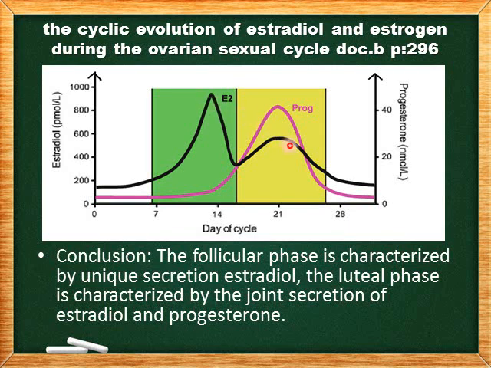Both concentrations decrease at the end of the cycle. So, as a conclusion, what can we say? The follicular phase is characterized only by the unique secretion of estradiol. However, the luteal phase is characterized by joint secretion. Both the progesterone and the estradiol are secreted.